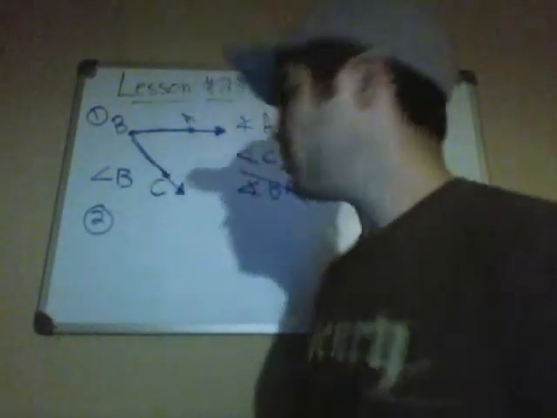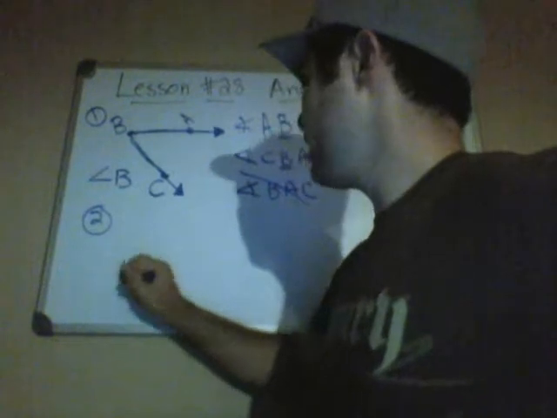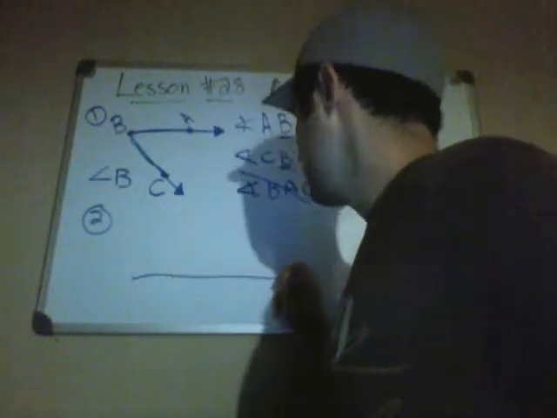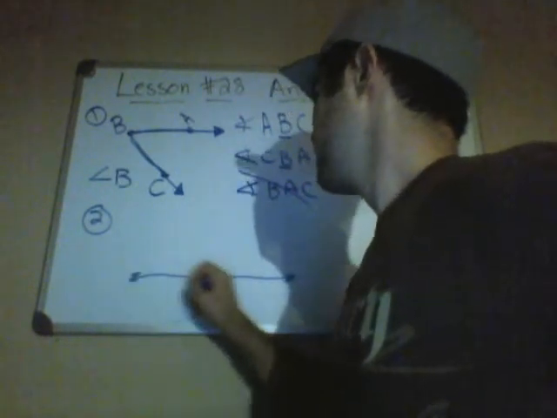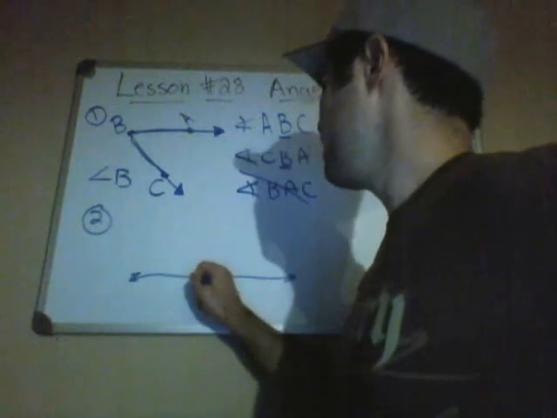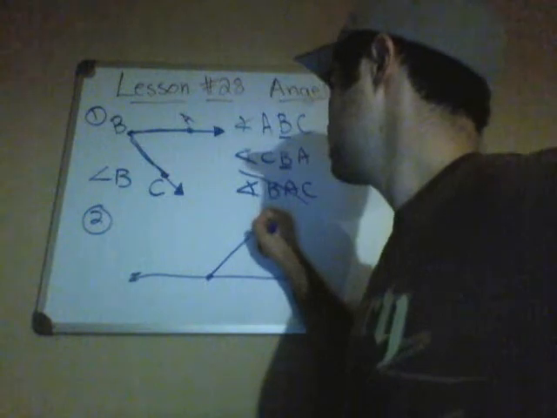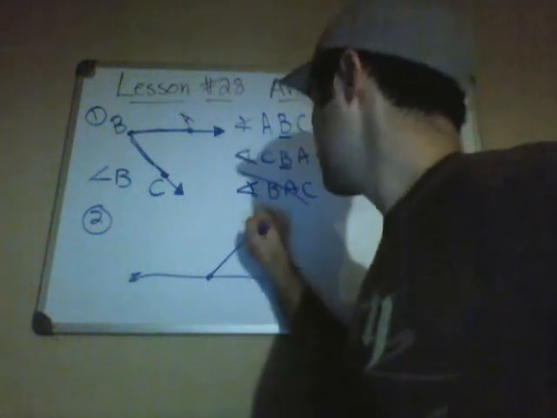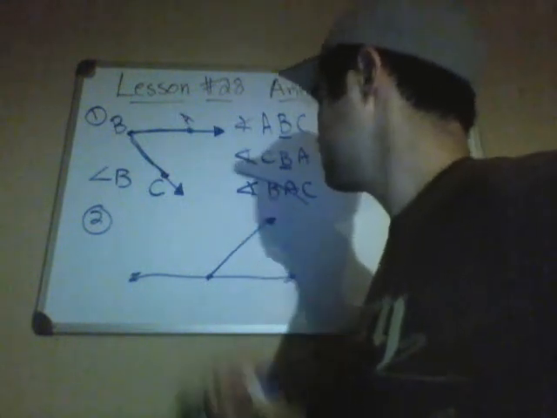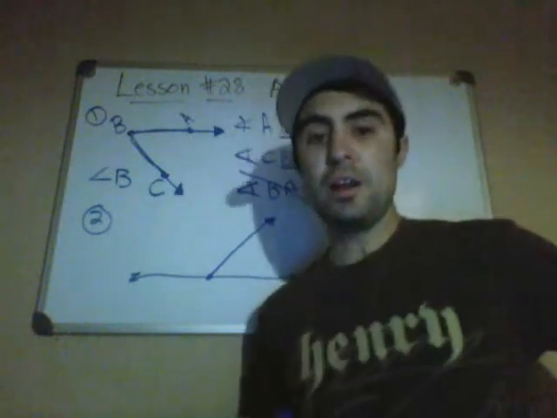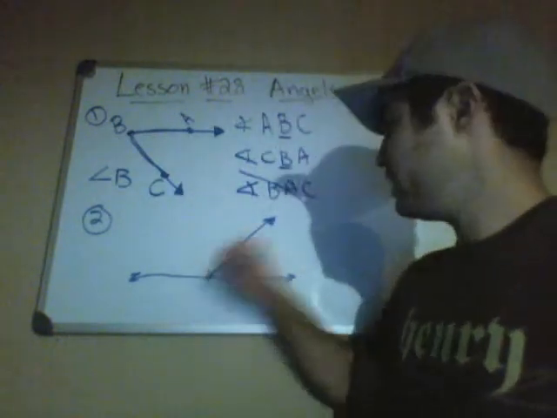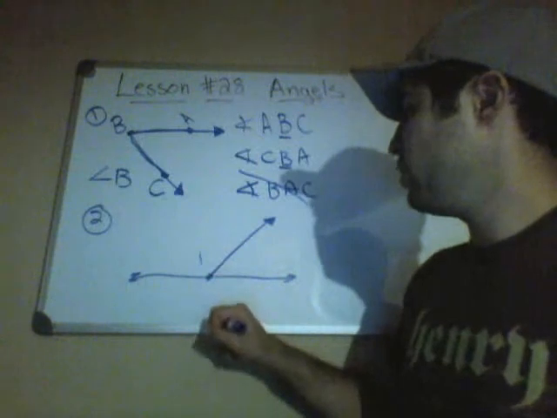Alright, one last way that we name angles. So if you have a line, and on that line there's a point, and from that point a ray shoots out. It's not a very good arrow, is it? Anyway, so here's a line and a ray shoots out. We'll call this angle 1.